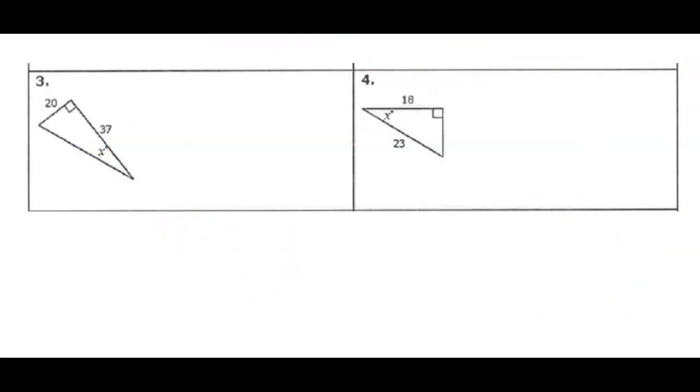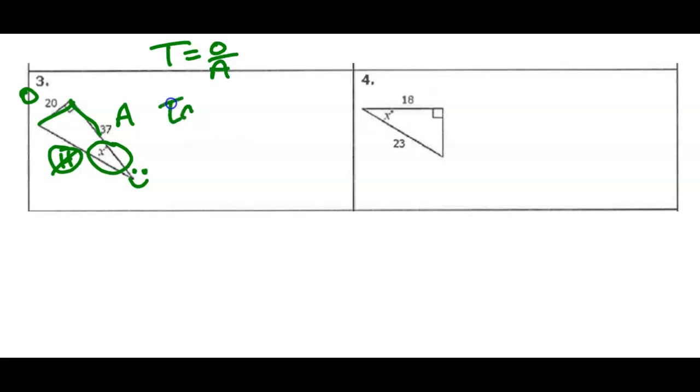Number 3. We're way over here in this little corner looking for that angle. So the two legs that make the right angle have numbers on both of them. The one that's clear across the triangle from us would be opposite. The one nearest or touching this angle is the adjacent. We don't know anything about the hypotenuse, so we're not going to use that. So opposite and adjacent is tangent, that we wrote at the top.